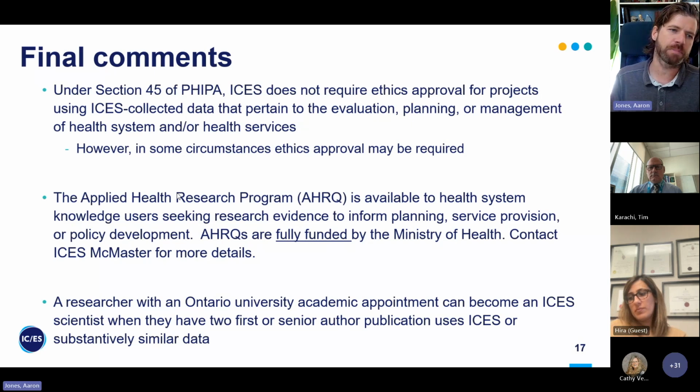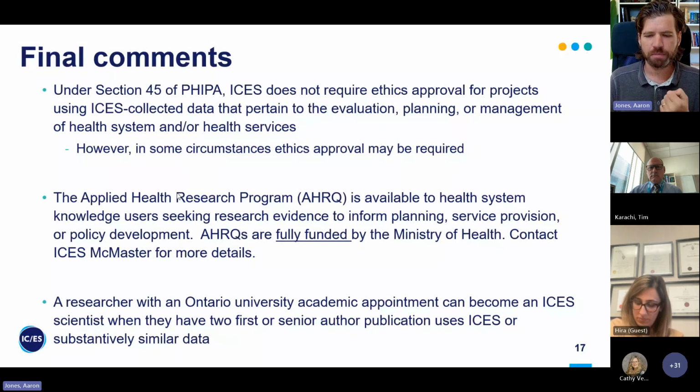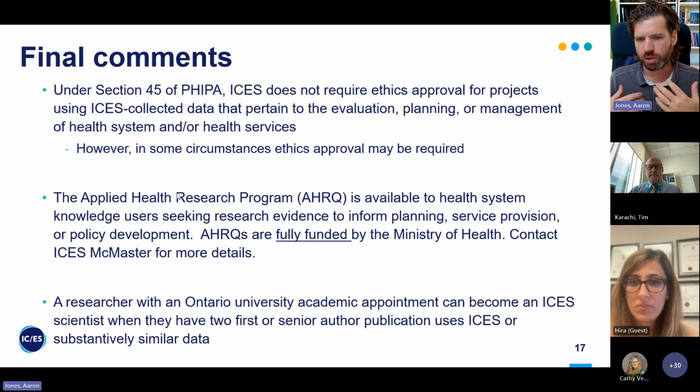I also want to highlight the Applied Health Research Question, which is a funding stream that is funded by the Ministry of Health, specifically for health system knowledge users. So not PIs directly, but knowledge users that are looking to access ICES research evidence to inform planning, service position, or policy development. And so to access the ARC stream, the knowledge user puts together a short application. It gets sent to an adjudication committee.